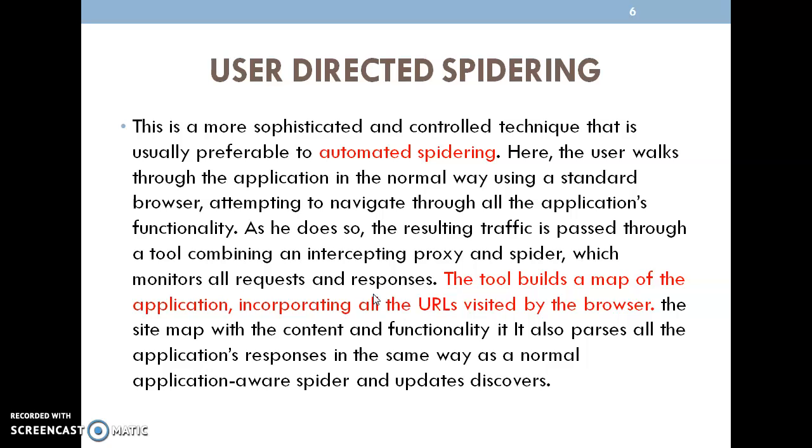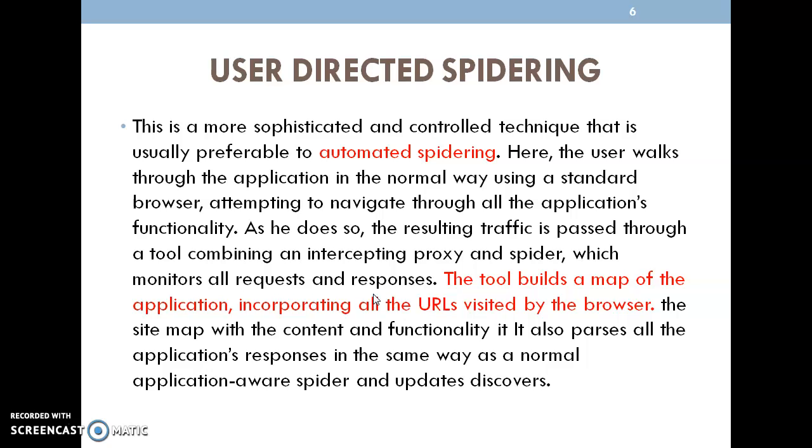That is why the tool builds a map of the application, incorporating all the URLs visited by the user. The sitemap holds the content and functionality. It also parses all the application responses in the same way as a normal application-aware spider, and updates the discoveries. It keeps on tracking each of the individual tasks and all the URLs he visited.